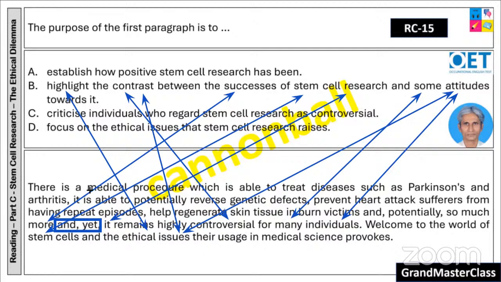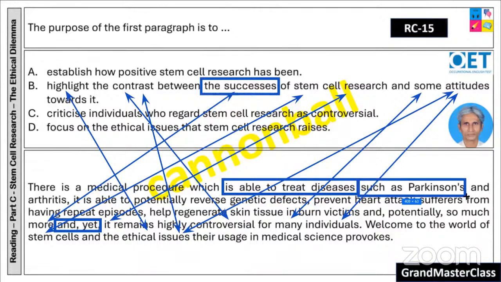Now let us see here. Right. So what are the positive things? Contrast between the successes. So stem cells, the successes. Let us see the successes. Now, if you see what are the successes, let us see here. Okay, this is able to treat diseases. What are the diseases?